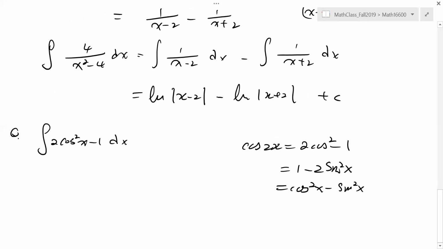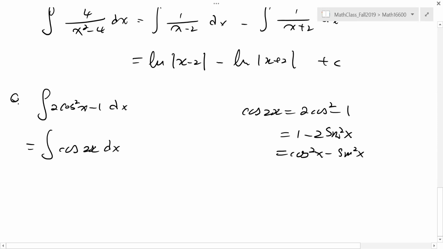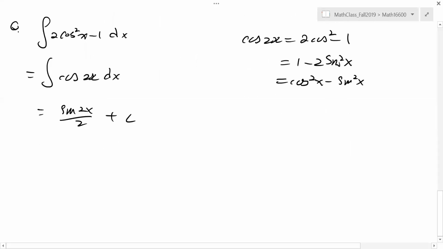This is a formula. Then you can immediately say that's trivial. That's just the integral of cosine 2x dx, and then it's going to be sine 2x, divided by 2. If you know this relationship, in just 5 seconds you get the answer. There's no need to spend lots of time.